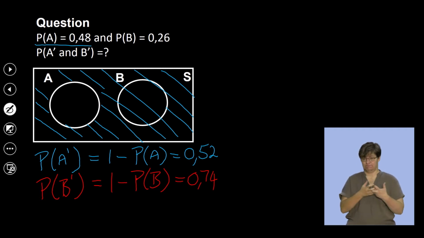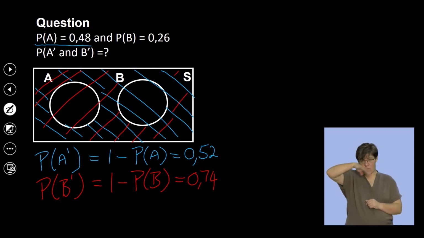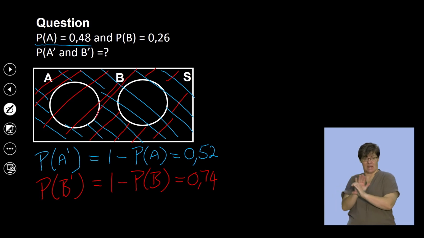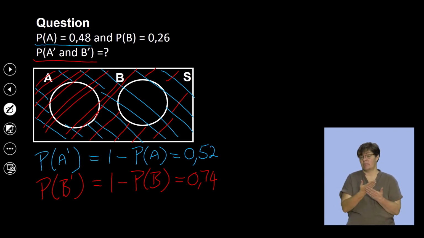Now, if we were to shade not B on the Venn diagram, notice what I'm doing. I'm going to shade everything that is excluding B, including A. So if I'm going to say, what is the probability of not A and not B?